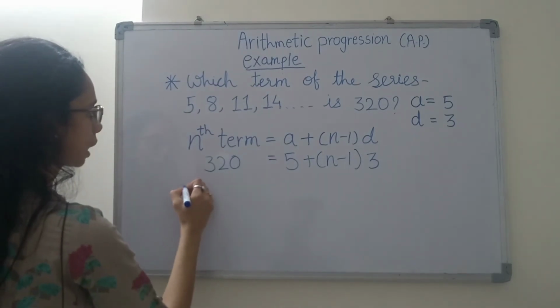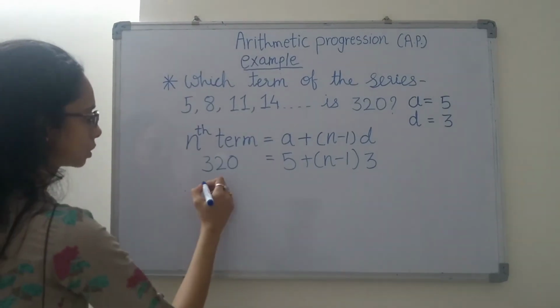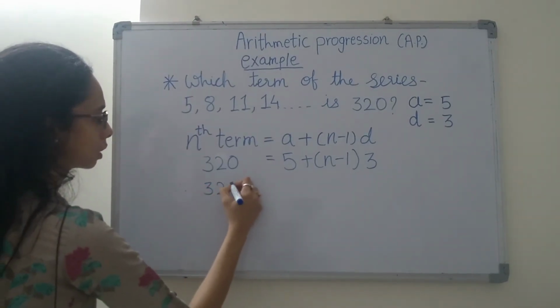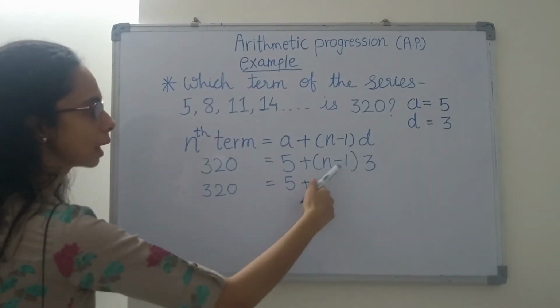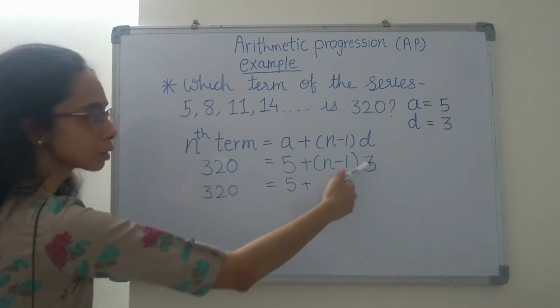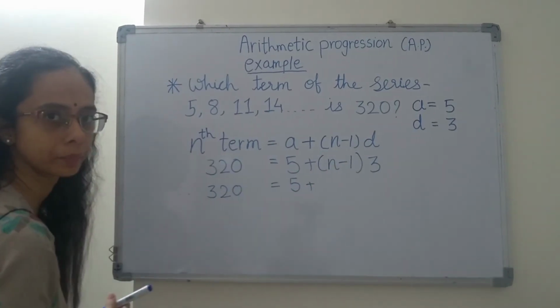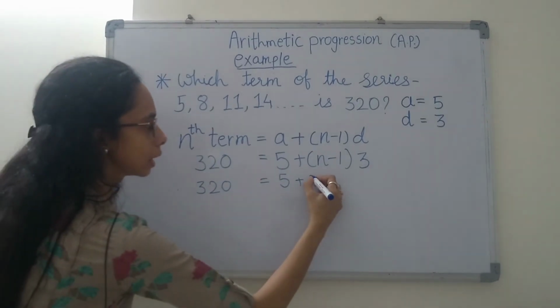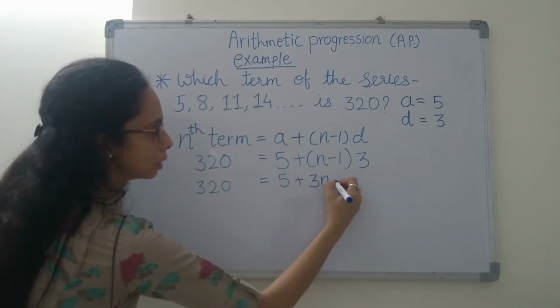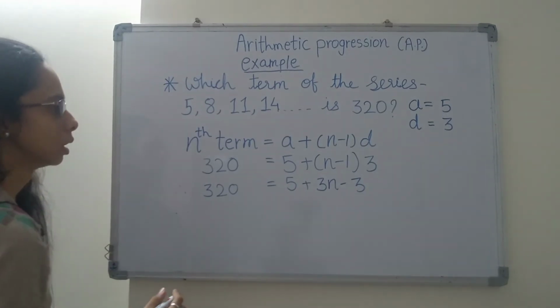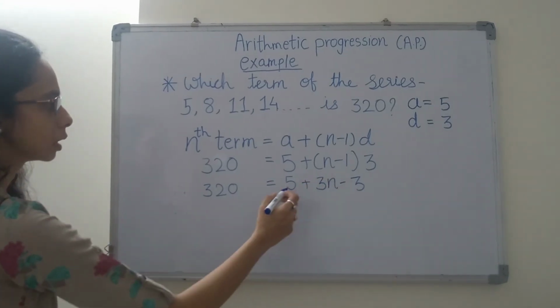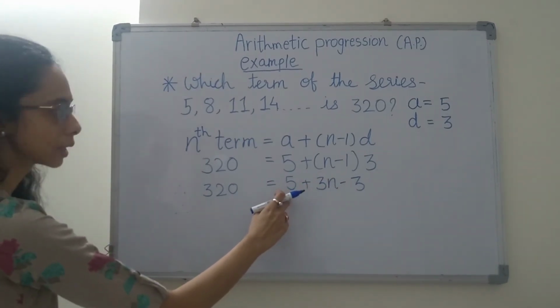Okay. So therefore 320 is equal to 5 plus (n minus 1) into 3. This 3 has been multiplied with the whole bracket. So we can write it as 3n minus 3. Therefore 3n minus 3 is equal to 320 with this 5, which has been added.